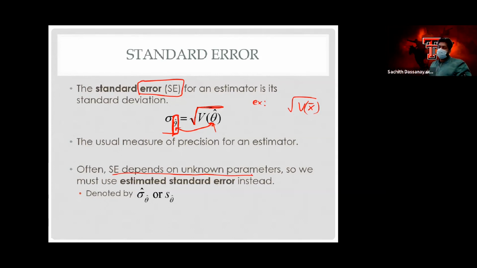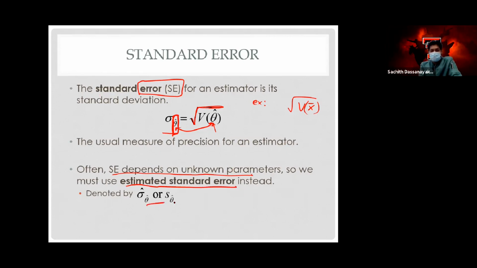So likewise, once we calculate these point estimators, they can depend on unknown parameters. At that time, we try to avoid those unknown parameters by using the estimated standard error.